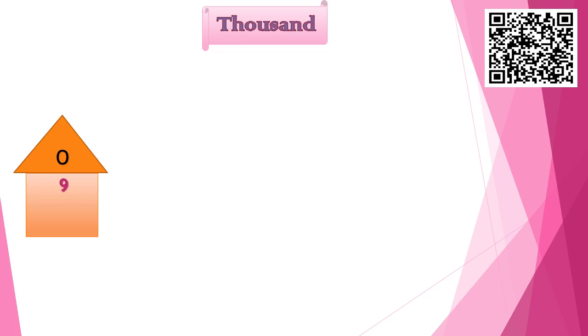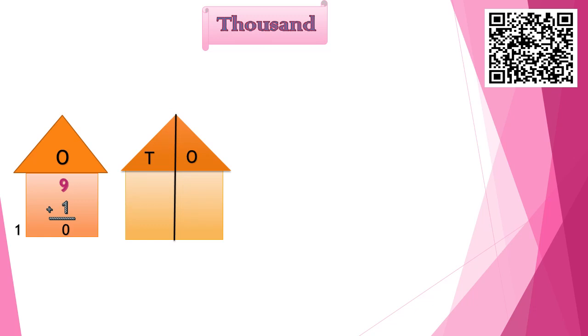If I added 1 to this 9, after 9, 10. Uh-oh, we have 2 digits here. So this number, which is number 10, can't enter this house. So we need a bigger one. This is our bigger new house.